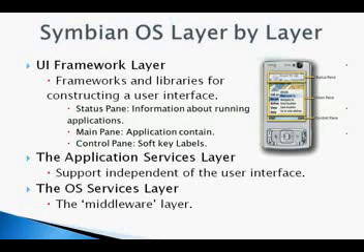The OS services layer is in effect the middleware layer of the Symbian Operating System, providing the servers, frameworks, and libraries that extend the bare system below into a complete operating system. The services are divided into four major blocks: generic operating services, communication services, multimedia and graphics services, and connectivity services.